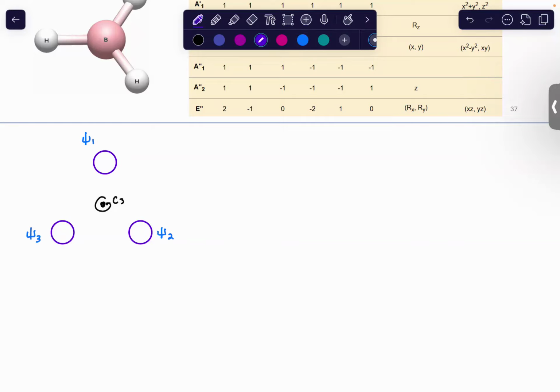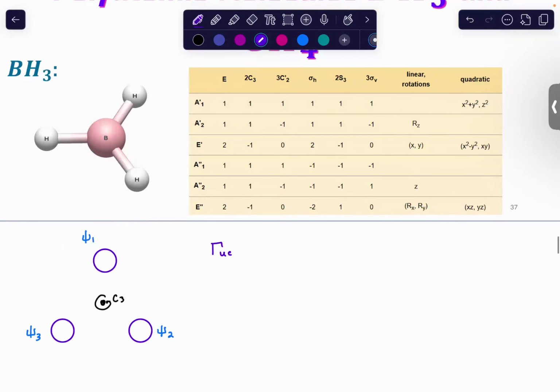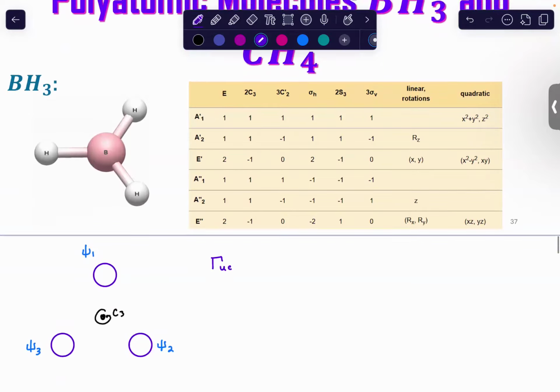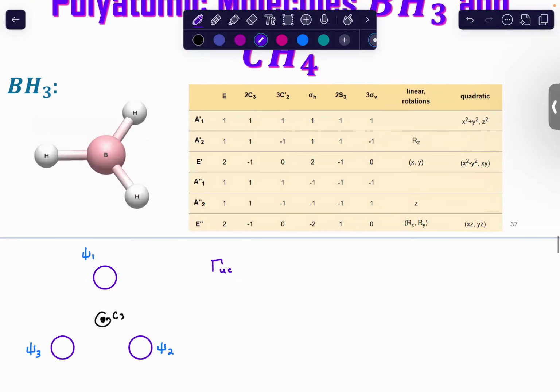The first thing we want is the representation for our unchanged orbitals within the symmetries of our D3h.